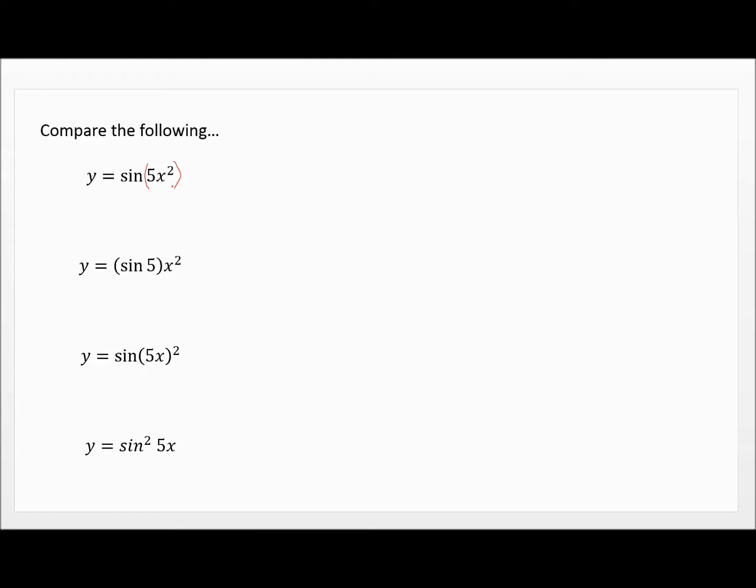But now how do we take this derivative? You've got an inside and an outside, right? Your inside function is 5x squared. Your outside function is the sine. Therefore, the chain rule is required. So y prime, the derivative of the outside, sine, is cosine. You rewrite the inside exactly as it is, times the derivative of the inside.